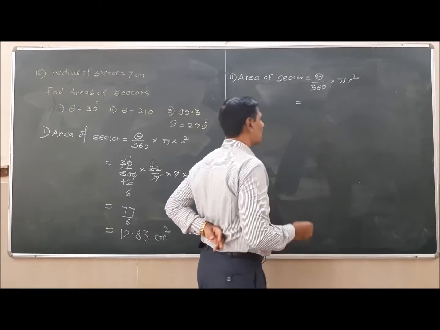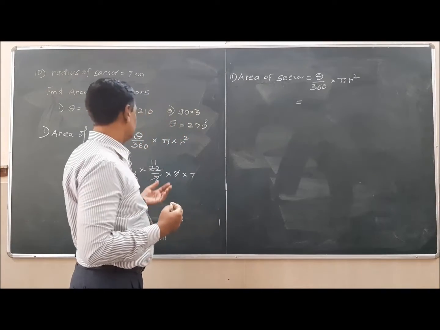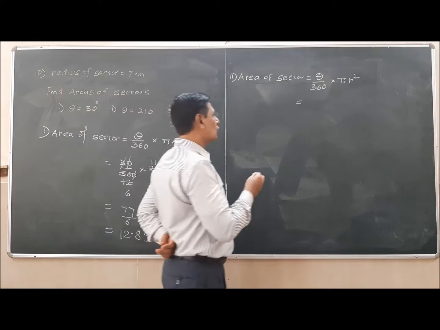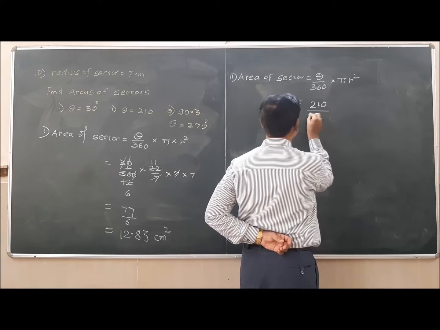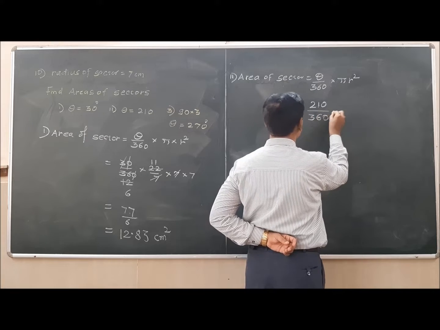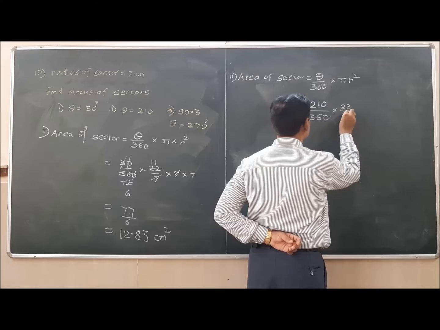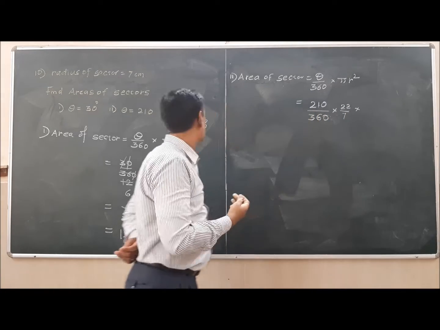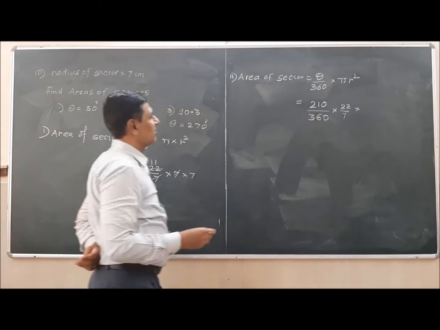Substituting the values, now only the value of theta will change in this case. We'll get the value of theta as 210. So 210 upon 360 into value of pi, I'll write it as 22 upon 7. Radius is the same in all these three cases. Radius is given as 7. So 7 into 7.